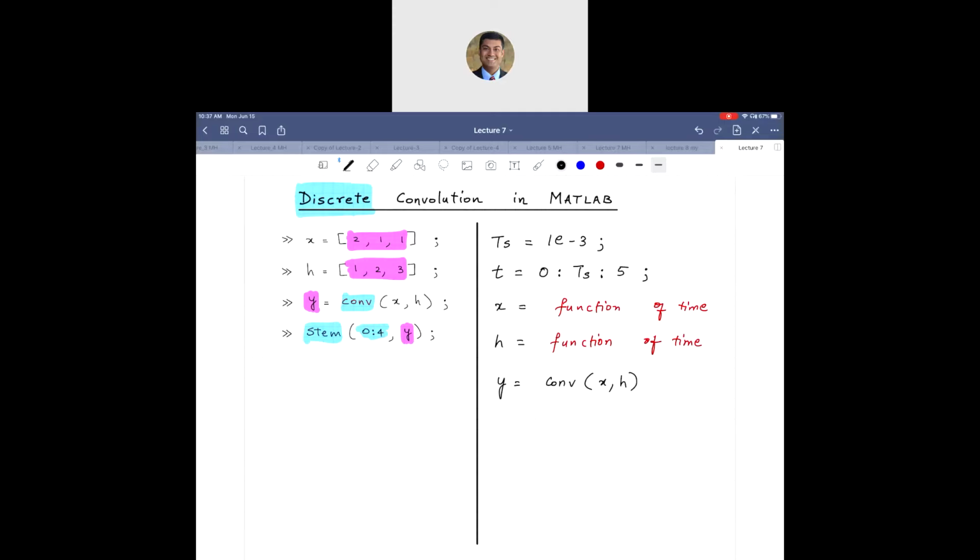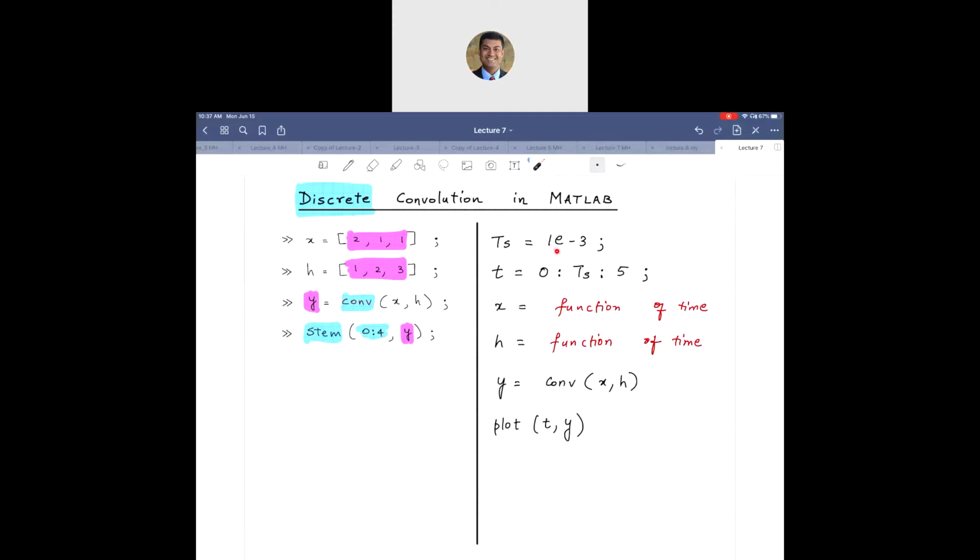And then you can say plot t comma y. In this case, you use plot because you want all those samples to get connected so that they appear continuous. But again, this is based on a sampling granularity of 1 millisecond. You can go even lower than that.